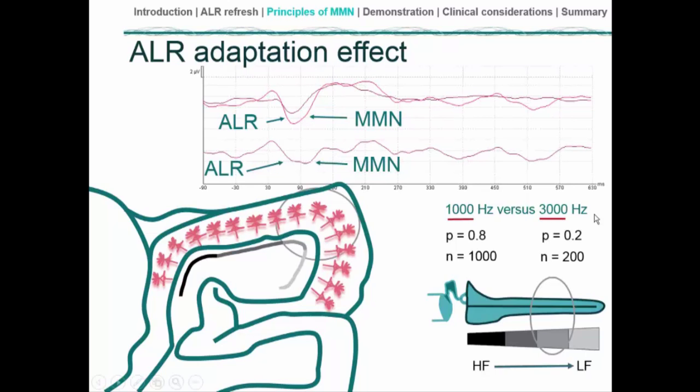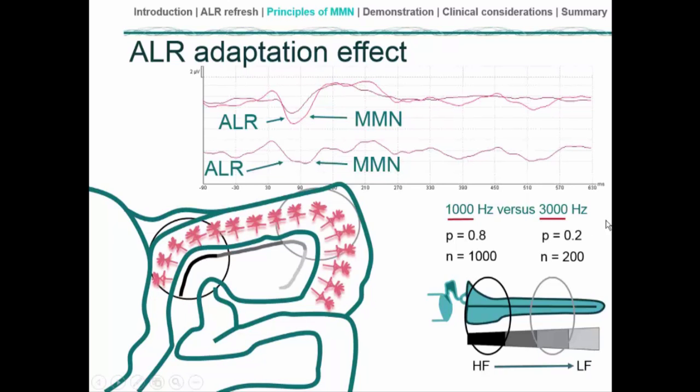Now let's consider the neural response to the 3000 Hz tone. Being a higher frequency, that might be expected to stimulate a region on the basilar membrane down here, much further towards the basal end, and that corresponds to a population of neurons over here, and this population of neurons is relatively far away from the first set.